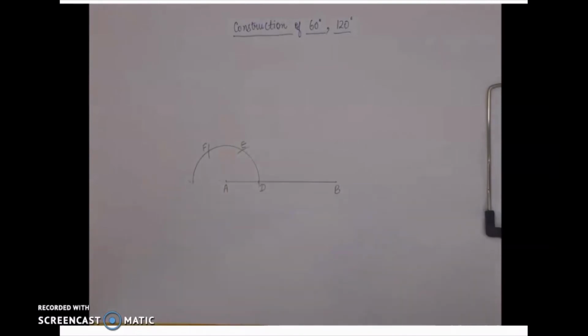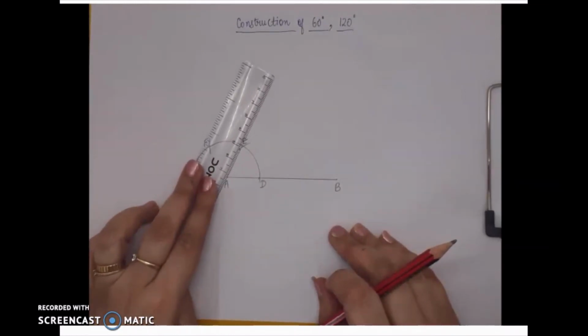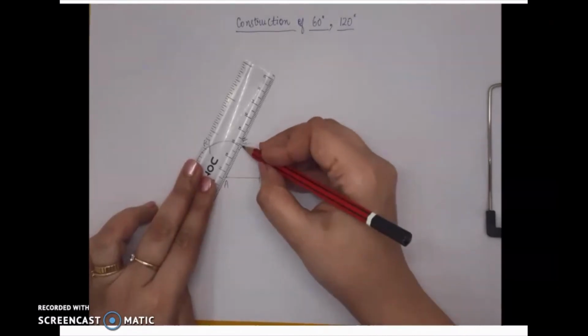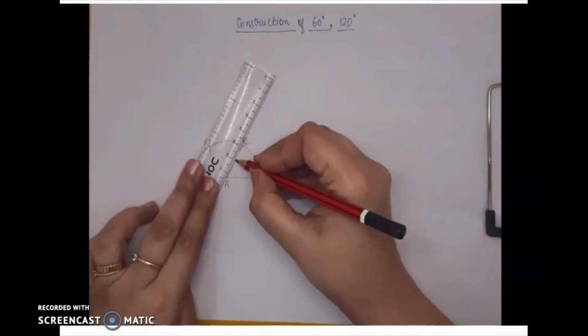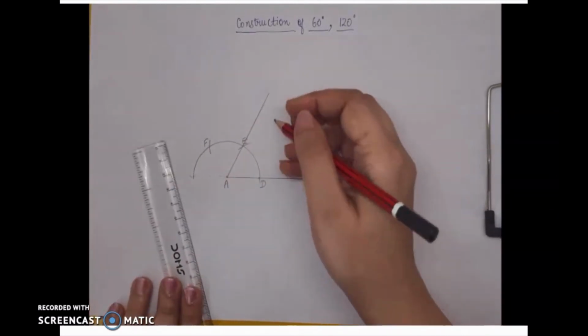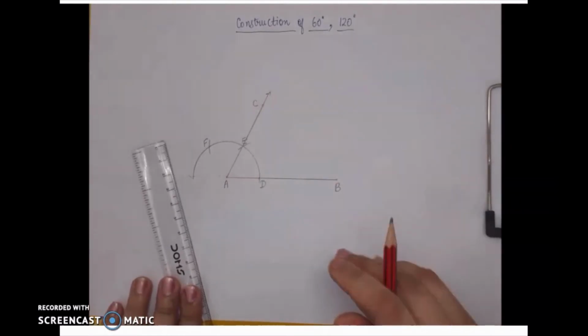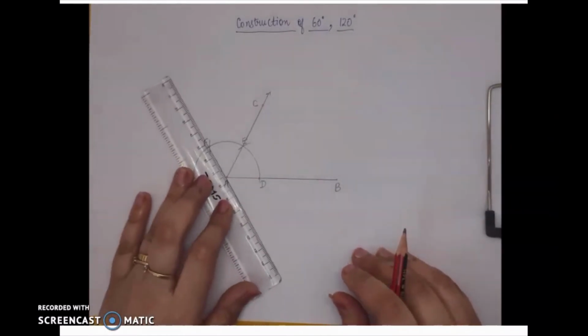So if I join AE and extend the line, I will get 60 degree. If I join AF and extend the line, I will get 120 degree. So A and E join and extend. This is your 60 degree angle. So angle CAB will be 60.